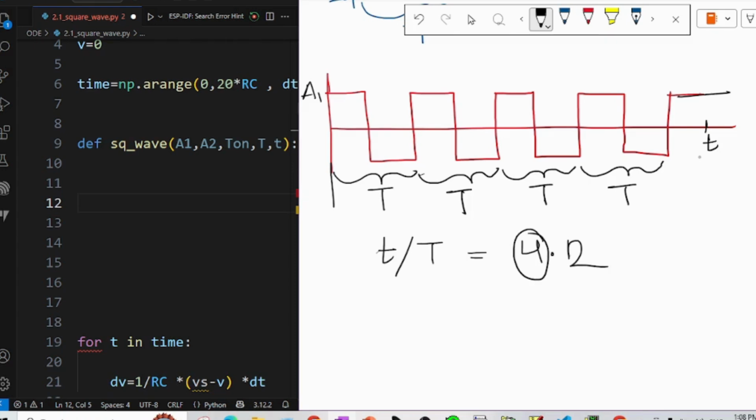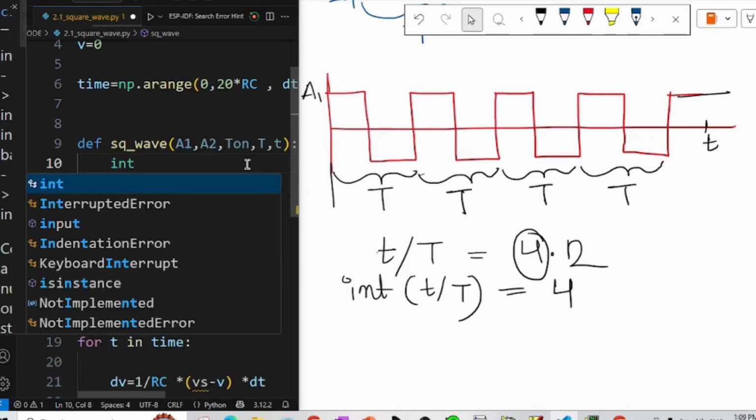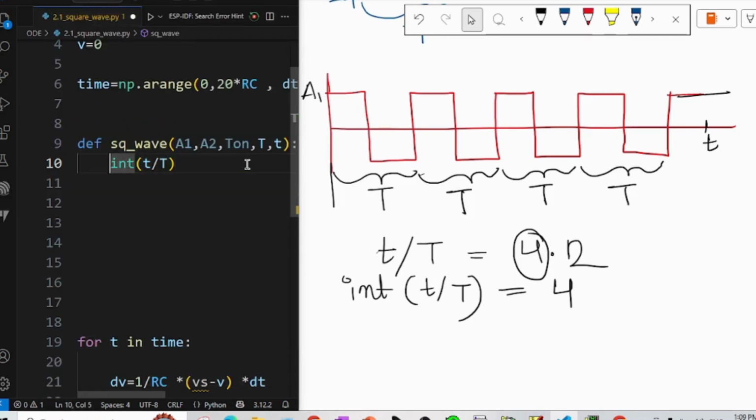And to do this we have to write integer here, and if I write this, the decimal part will be omitted, and we will only have the integer part. So let's write this: integer of t divided by capital T, and let's say this is equal to the number of capital T's, right? So let's say this is n.